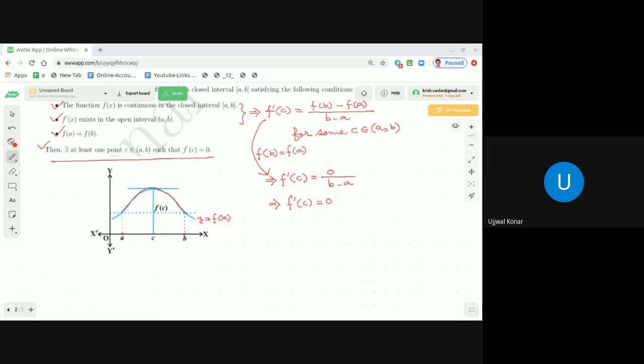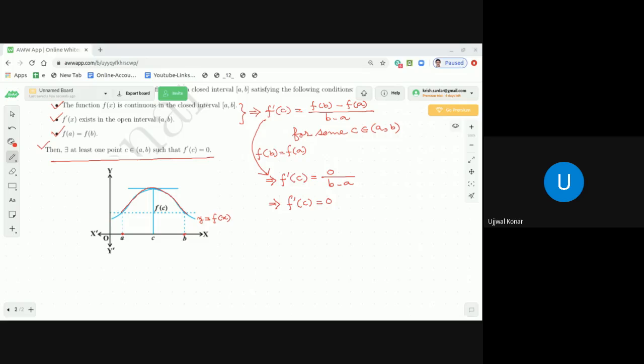That means from the point a till the point b, if you draw the curve, you need not lift the pen. You need not lift the pen when you draw the curve from x equal to a to x equal to b, okay, dear students.